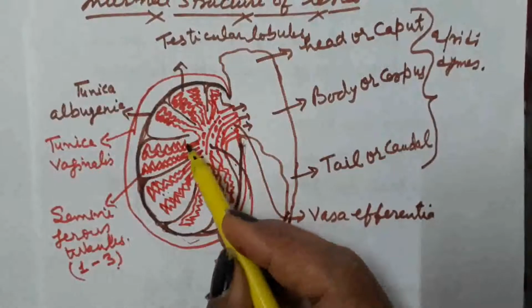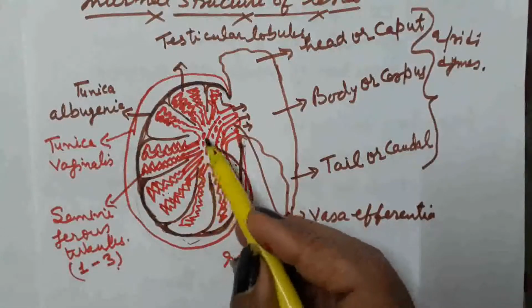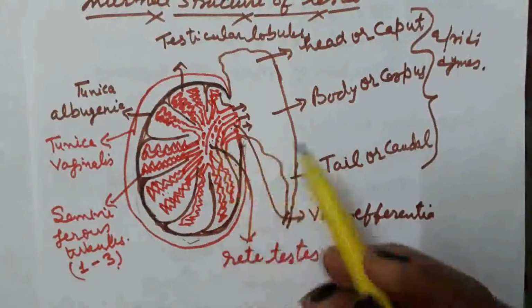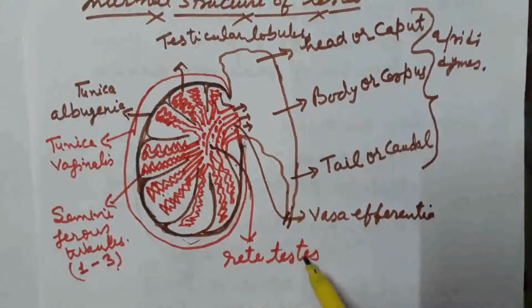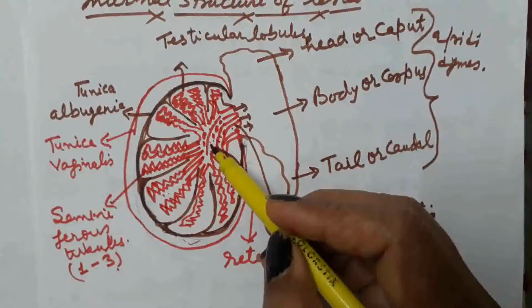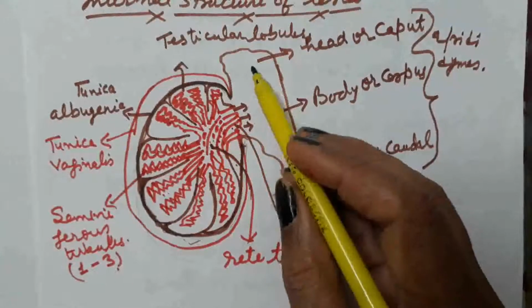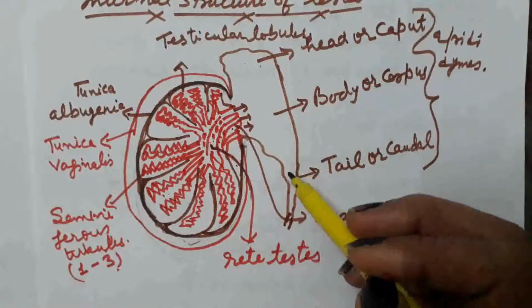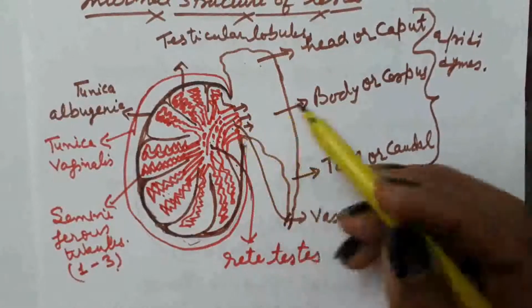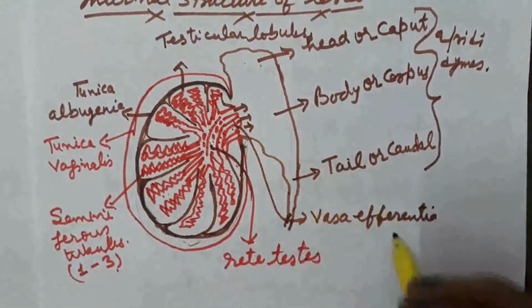The straight part of the seminiferous tubule forms a network-like structure. We call this network-like structure the rete testis. The rete testis opens into the next part of the male reproductive system, that is known as the epididymis, through a passage known as the vasa efferentia.